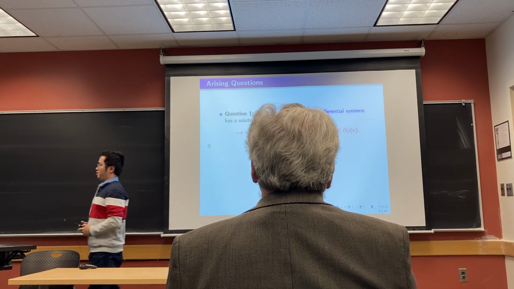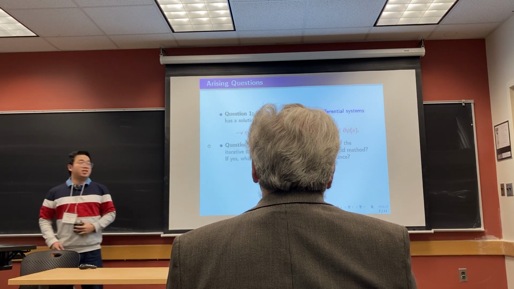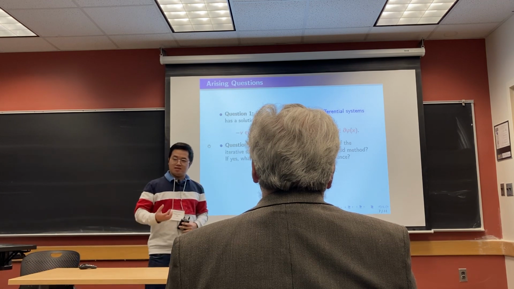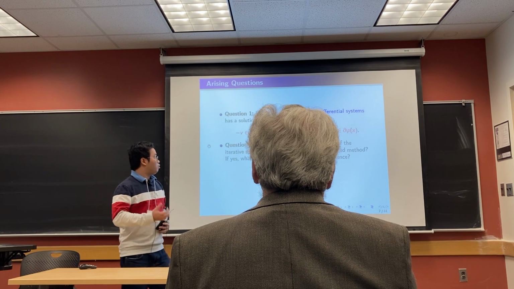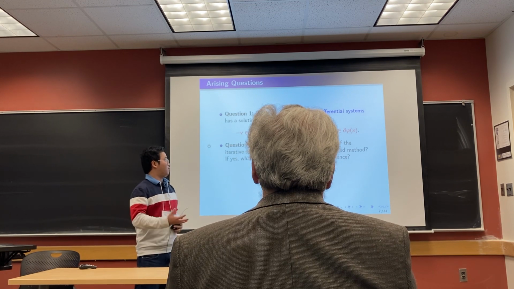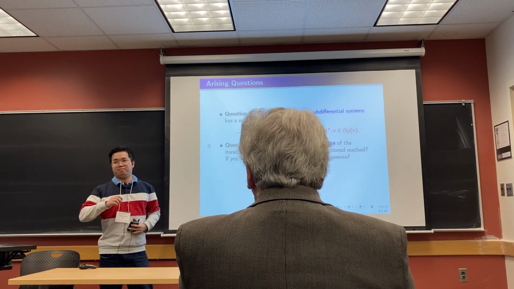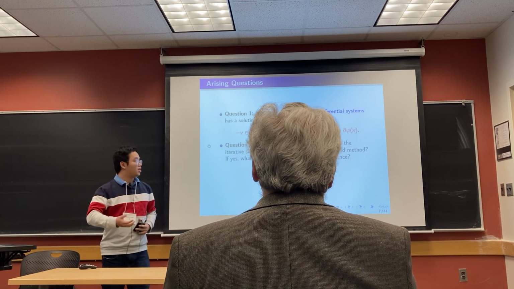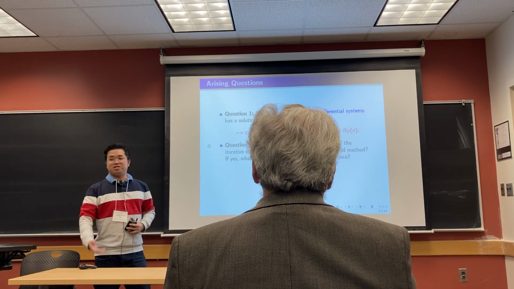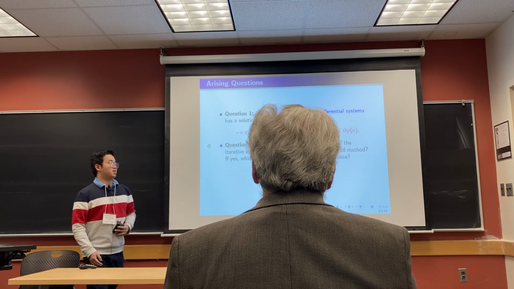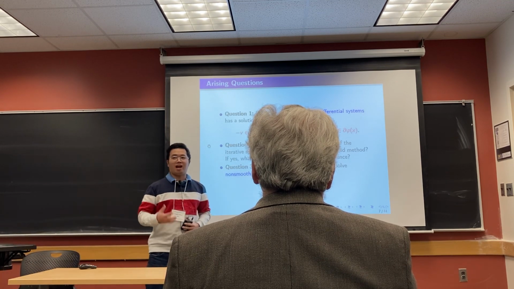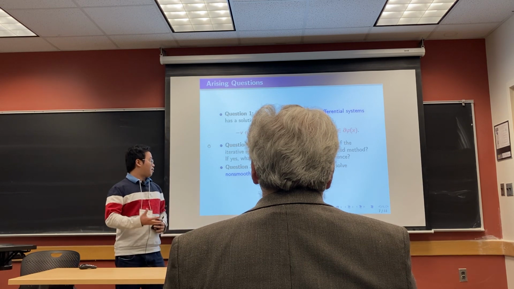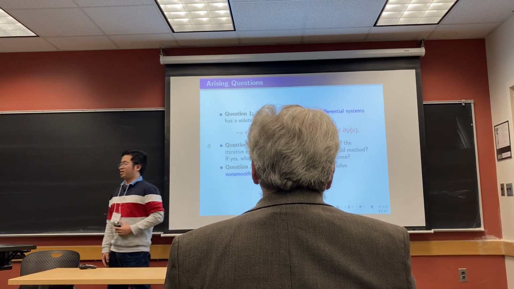The second question is, if we construct the direction, then we have the sequence, so do we guarantee the convergence of this sequence? And if this sequence converges, what is the convergence rate? The third question is, how do we apply our method to solve some non-smooth practical models? Okay, that is 3 questions.